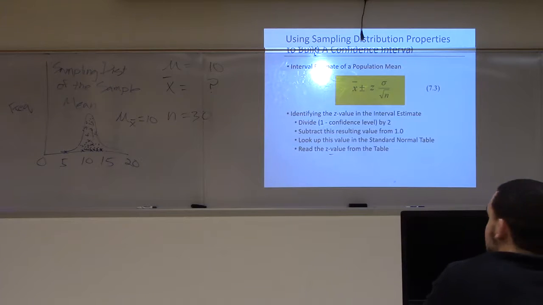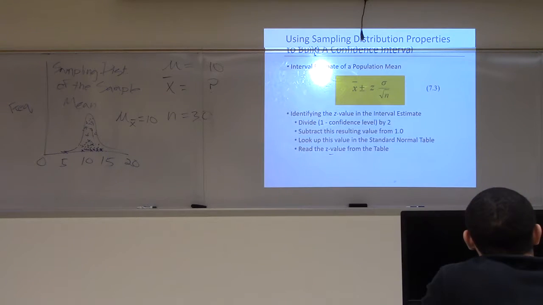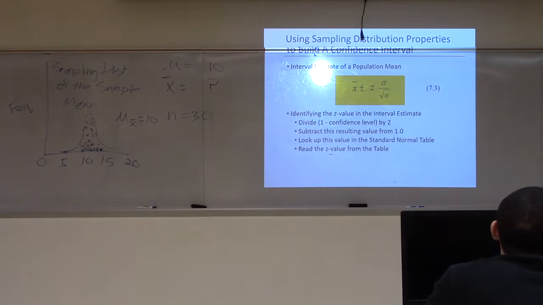I couldn't find a table because I was looking for something that said z-score, and it's labeled cumulative normal probabilities. So you want a z-score of 1.96, and then you're going to be able to say I'm 95% confident. You're going to take that point estimate, go plus 1.96 standard deviations, and go minus 1.96 standard deviations.